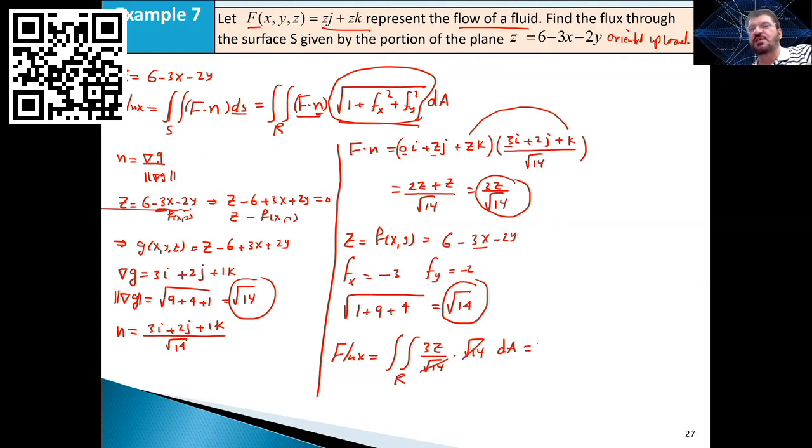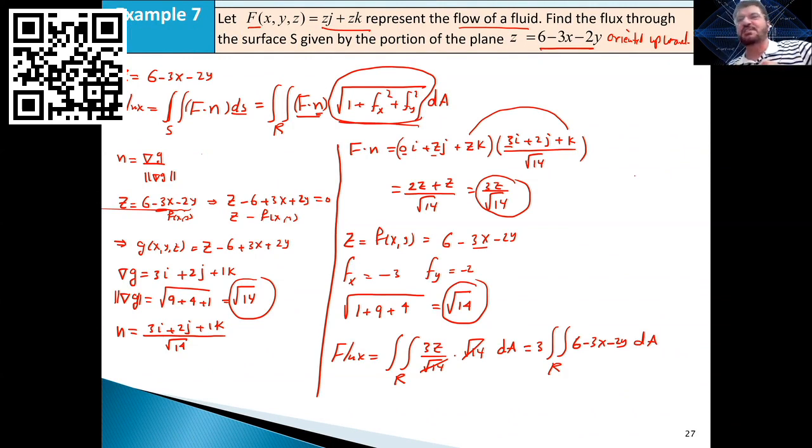The 3 goes outside, so you have 3 double integration of z. But what's z in the question? It's 6 minus 3x minus 2y, dA over R.